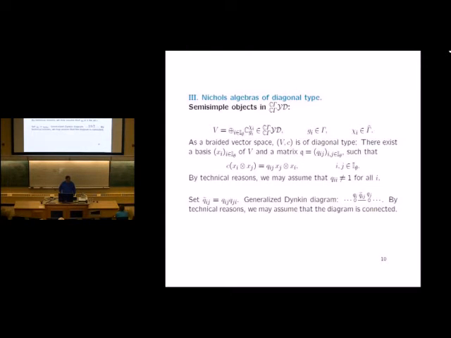So if you have a semi-simple object in this category, it will be a direct sum of simple objects, and this will be a braided vector space of diagonal type, which means that the braiding is given by this formula, which I would like to repeat here.